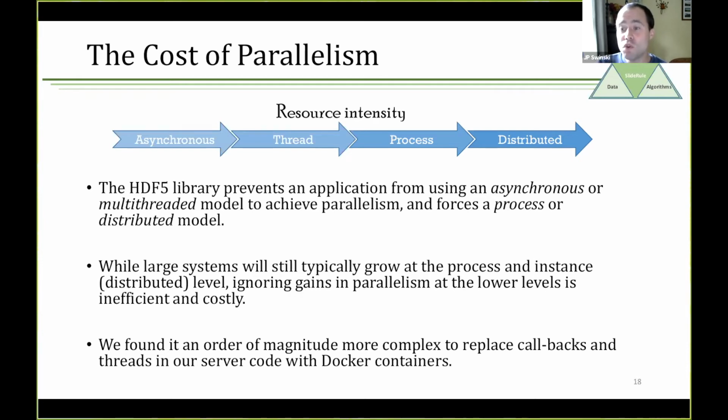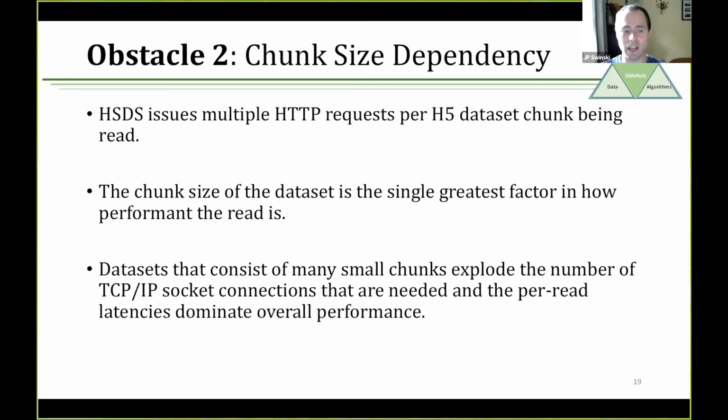But as we move towards the processes and distributed parallelizations, the complexity of the software is growing much more to handle that parallelization. So that's just in a nutshell. And like I said, this is the bulk of the improvement right here: can you parallelize your reads?